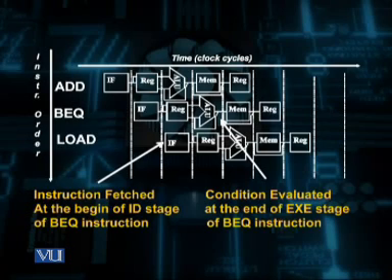Here, the condition is evaluated at the third stage, whereas the next two instructions will be fetched if they are available in the overall program. So in this particular case, if the branch is to be taken, then the next instruction, load, is a wrong instruction which would have been fetched into the pipeline data path.